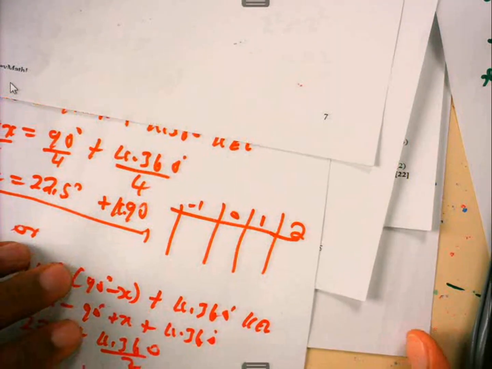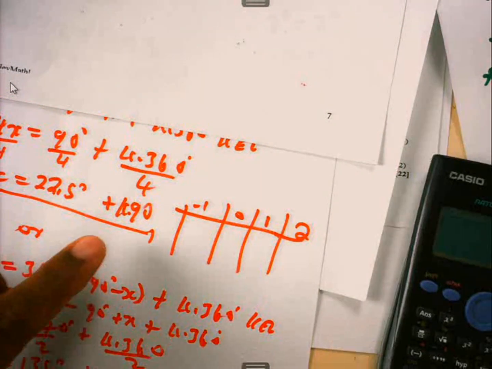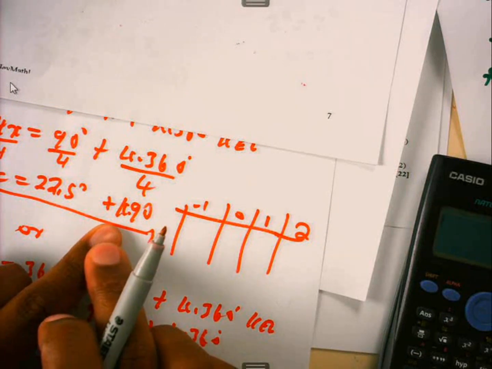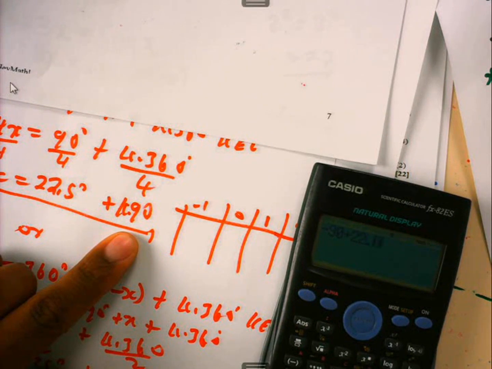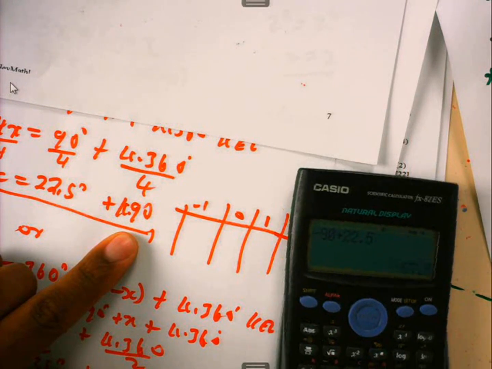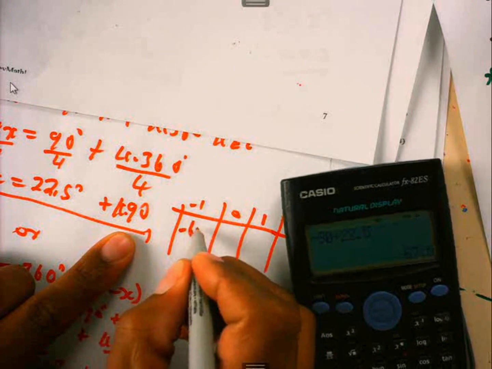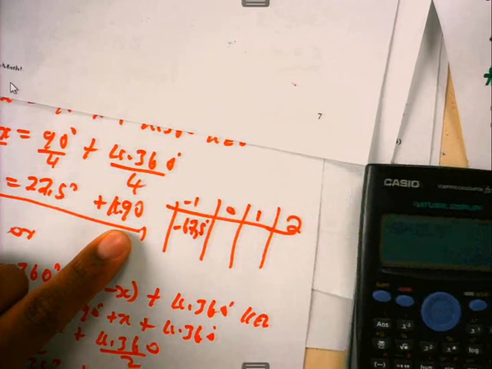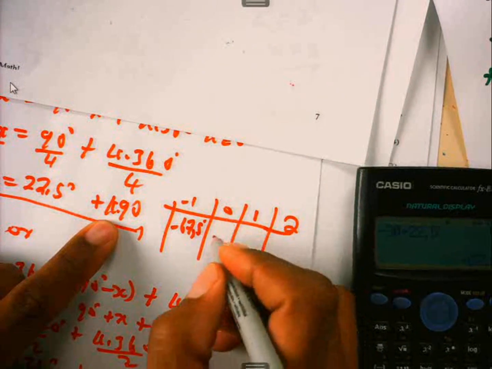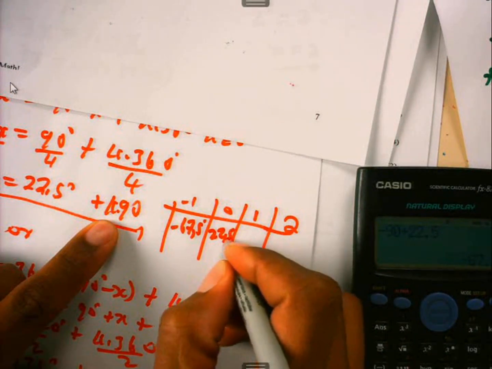Right, now from here we say, okay, this one, -1 times 90 is -90, right? And now plus 22,5, then the answer there is minus 67,5. Now, if k is 0, then we have 22,5, right?